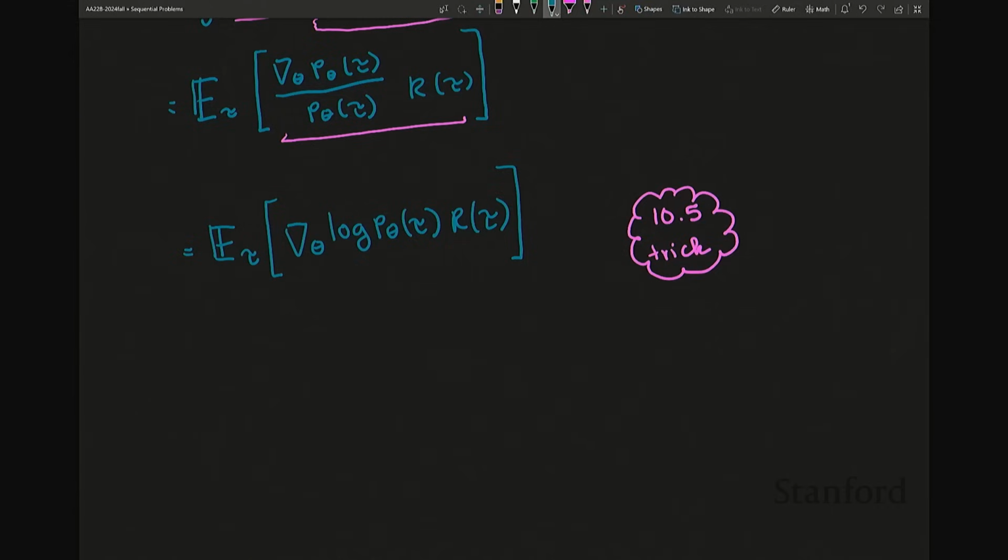So now we have an expression for the gradient of U of theta in the form of this expectation. Do we feel good on that relationship?